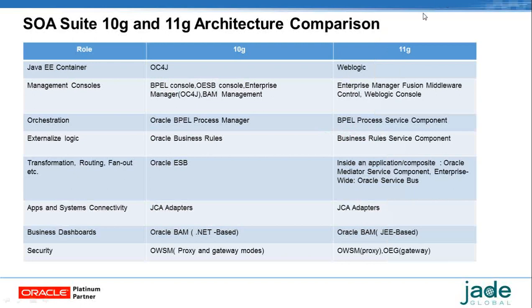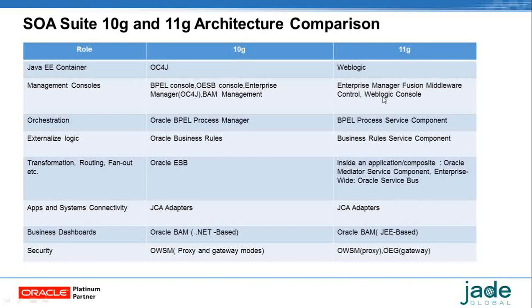These are getting changed into Enterprise Manager Fusion Middleware Control. And if required, we can also use the WebLogic console. The WebLogic console we can basically use to manage anything like JMS queues or JDBC connectivities and things like that. But otherwise, the Enterprise Manager Fusion Middleware Control is going to take care of all other things that we used to manage in different ways.